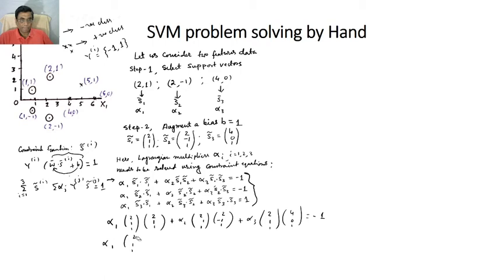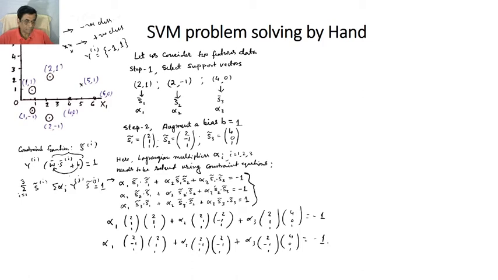Then I should write S2, so S2 is (2, -1, 1) dot (2, 1, 1) plus alpha 2 (2, -1, 1) dot (2, -1, 1) plus alpha 3 (2, -1, 1) dot (4, 0, 1) equals -1.